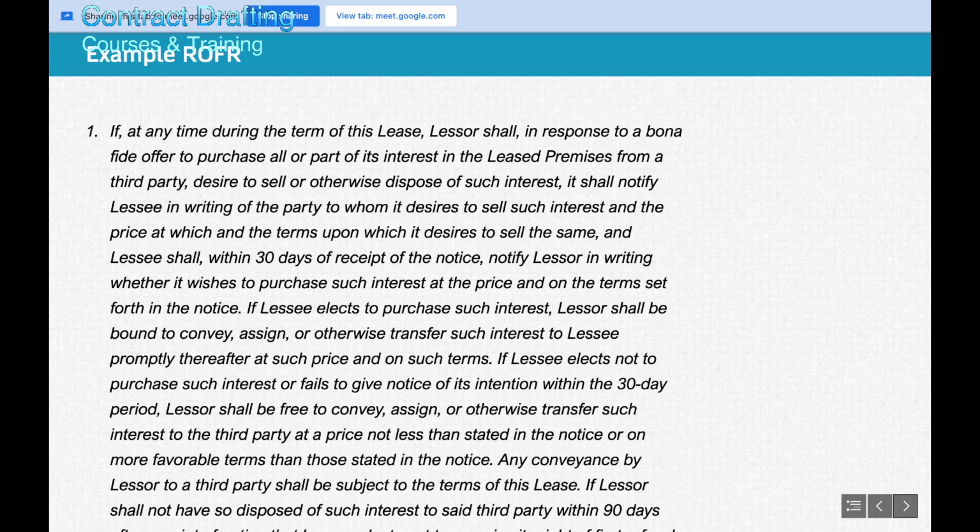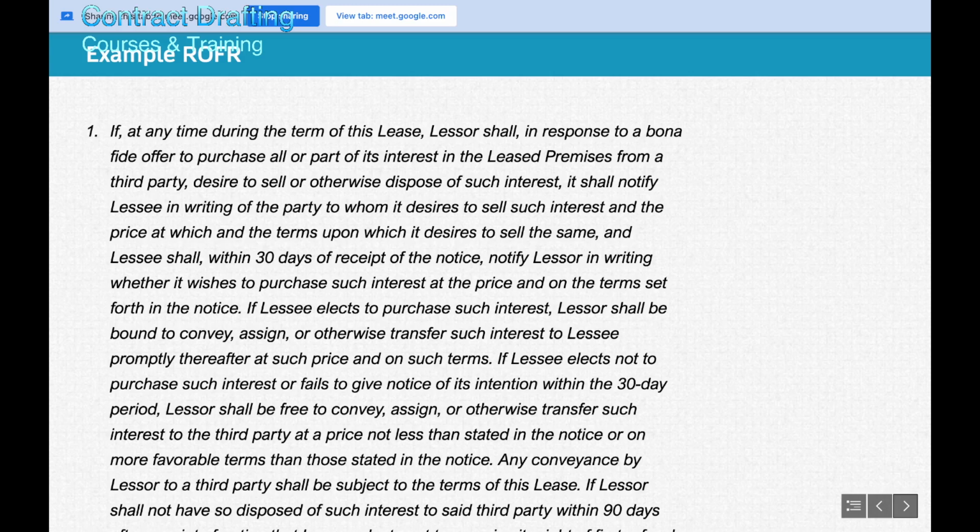So it says that if during the term of the lease, the lessor gets a bona fide offer to purchase all or part of the interest in the lease premises from a third party, or they desire to sell or dispose of such interest, then they shall notify the lessee about the party to whom they are going to sell this property, and the price and the terms on which it is going to be sold.